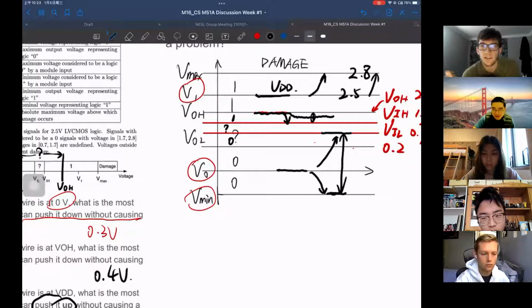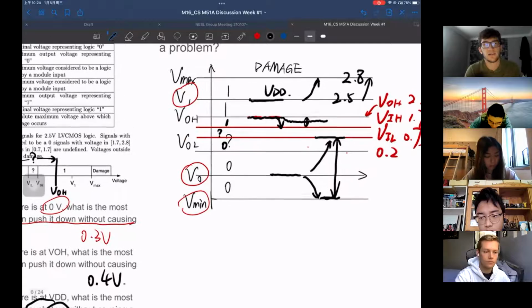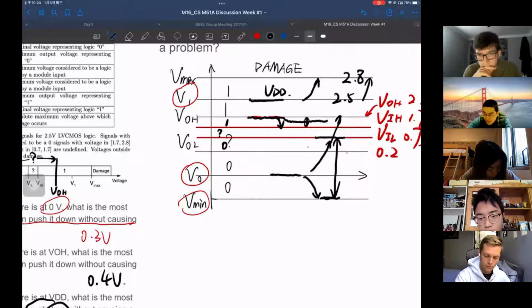Sorry. Is the reason why we can't go past the middle point that if you did go up a certain amount, then you'd be in that undefined area? Yes, it will cause confusion for the downstream circuits. And in the worst case, if you even exceed this threshold, it will actually give you a wrong number.